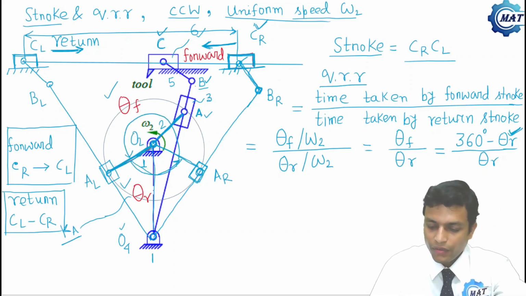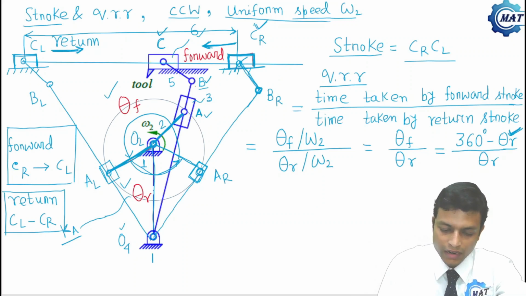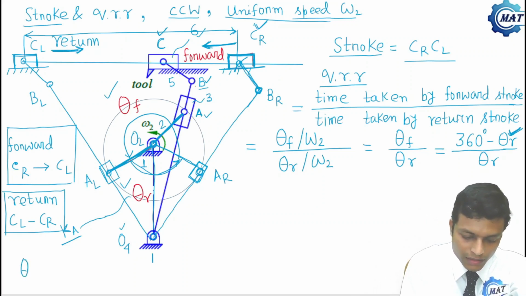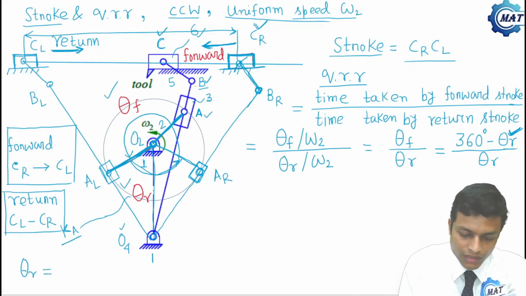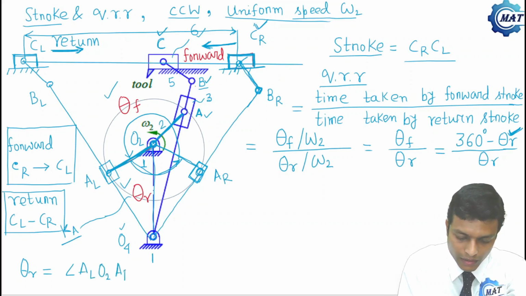Now let me give you an expression of theta R from this diagram. So theta R, that is return angle traveled by the crank, which is nothing but the angle AL O2 AR.